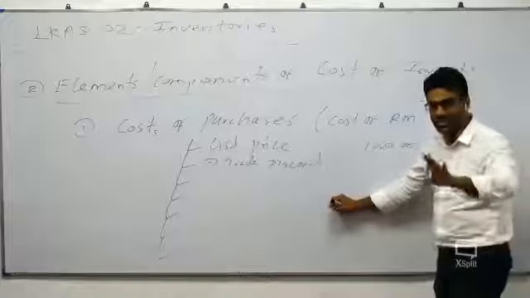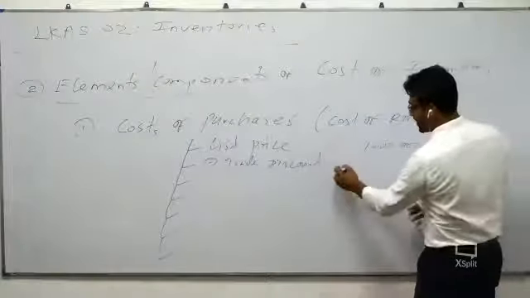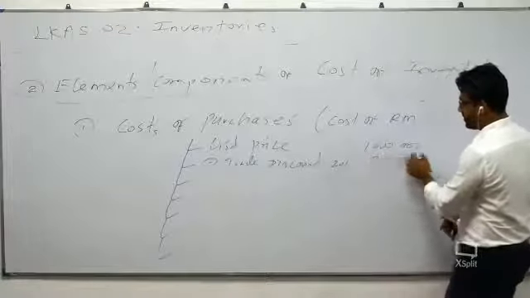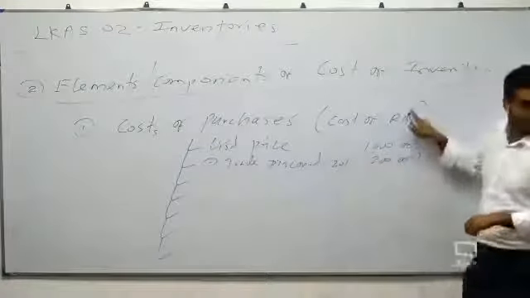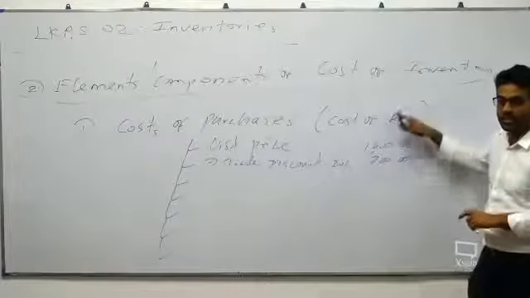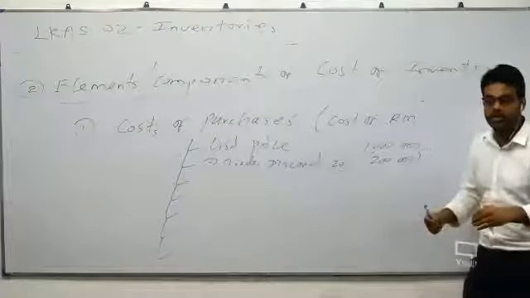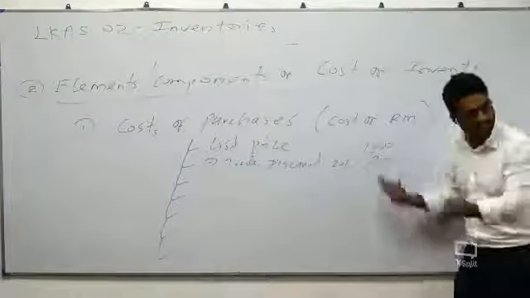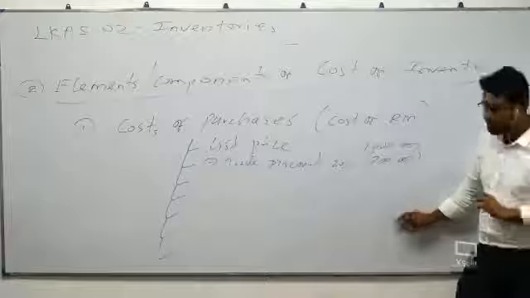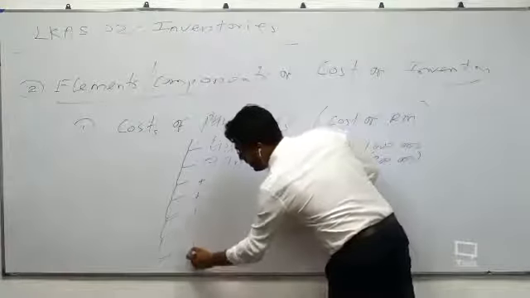The supplier is giving a 20% discount, so 200,000 reduction. So for 1 million material, we are going to pay only 800,000. If the government also gives us grants or subsidies, we can deduct that also. Then you can have so many pluses, increases in cost of inventory.